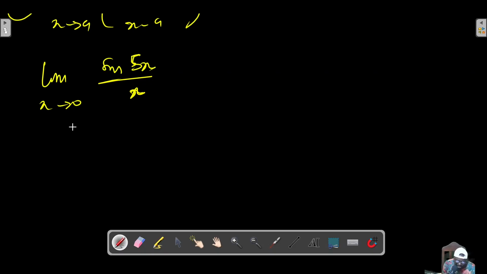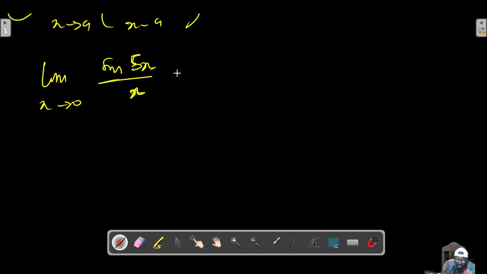It's a simple one, but this in particular will help you understand the concept very well. So sine of 5x all on x. What would the answer be?